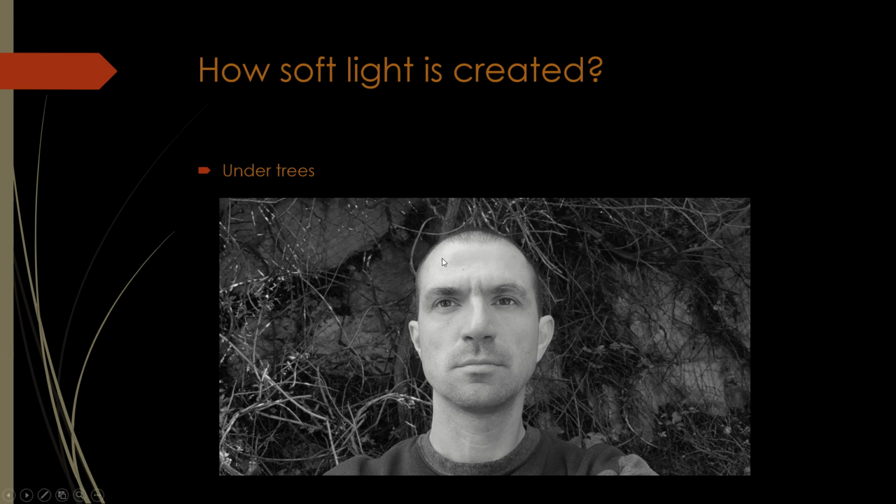We can clearly see that there is some direction of the light. This part is brighter than this, but there are no edges of the shadows. The shadows are really smooth and soft, and the face is almost flat.